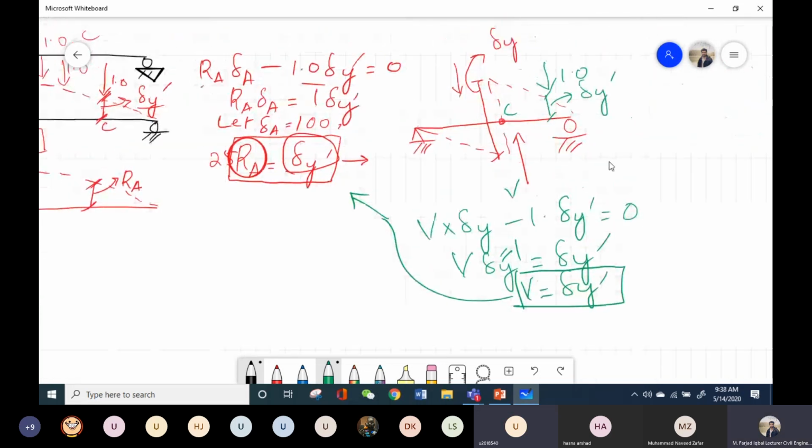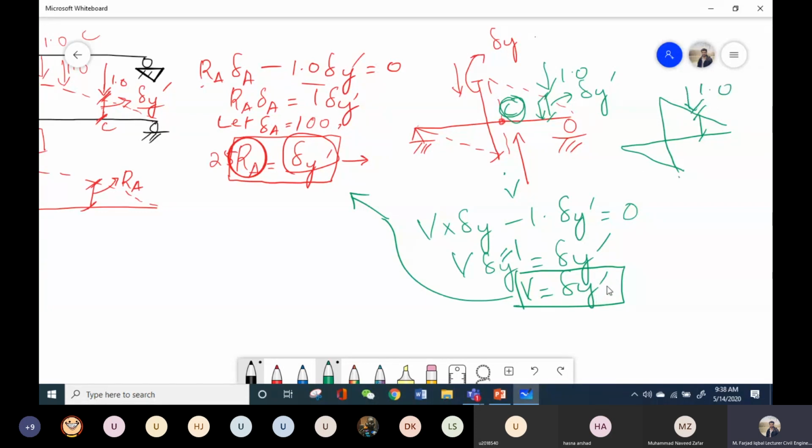Okay. Actually, just like in the case of the reaction, if I want to calculate the ILD for shear force at point C, I have to move the unit load throughout the length of the beam, right? So I will place my unit load at this point, calculate the shear force at C, and when I show it graphically, my component at this point will be the shear force at C when the unit load is here, right?